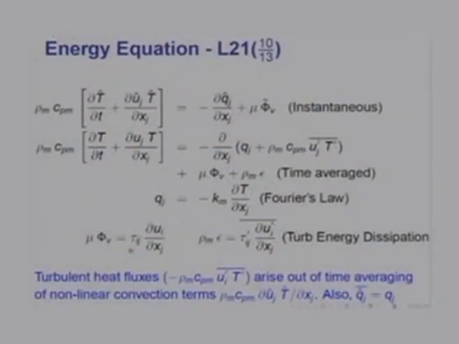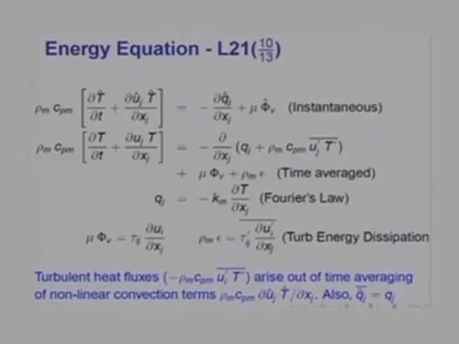So, in other words, the mu phi V term will result into two terms: mu phi V, which is formed from the product of tau_ij mean multiplied by velocity gradients, and tau prime_ij multiplied by du_i prime by dx_j of the fluctuating part, the fluctuating stress and the fluctuating velocity gradient. This quantity is called the turbulent energy dissipation.